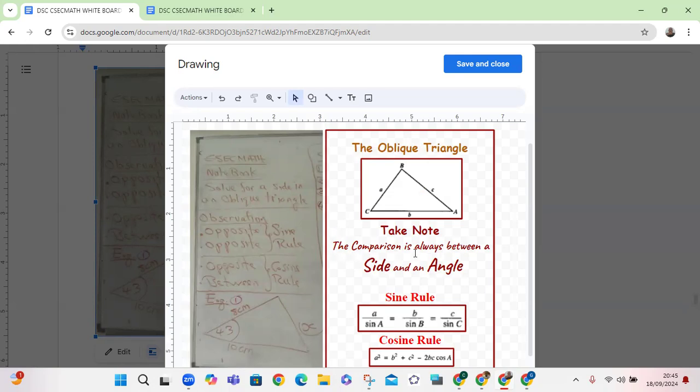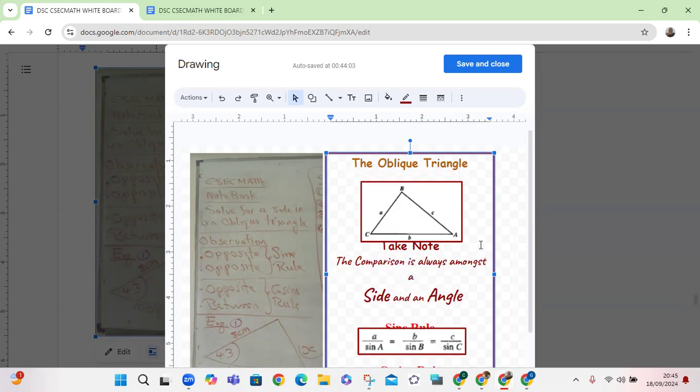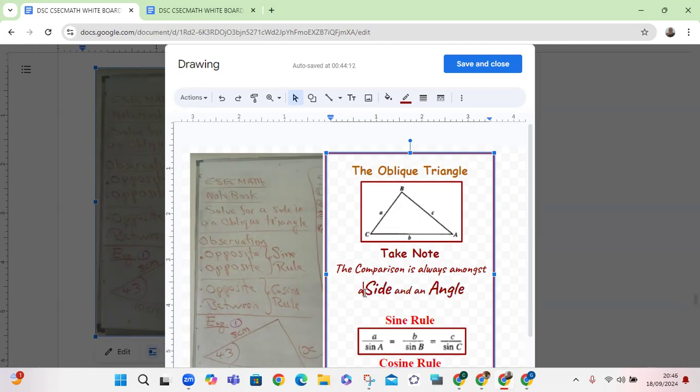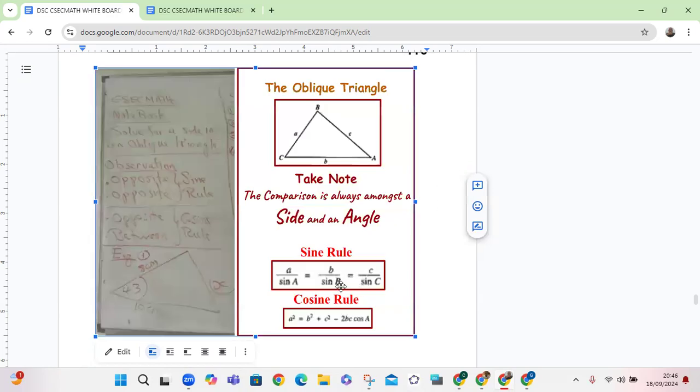So the comparison is always amongst a side and an angle. Always amongst a side and an angle. Now here you have the sine rule and here you have the cosine rule.